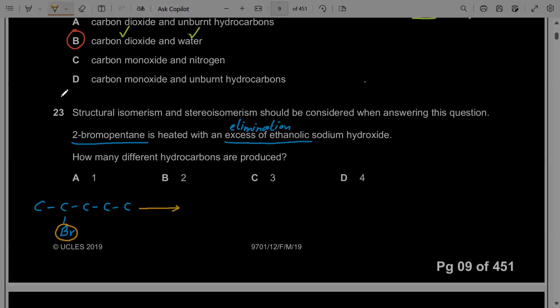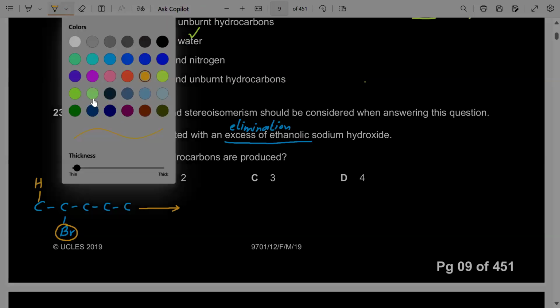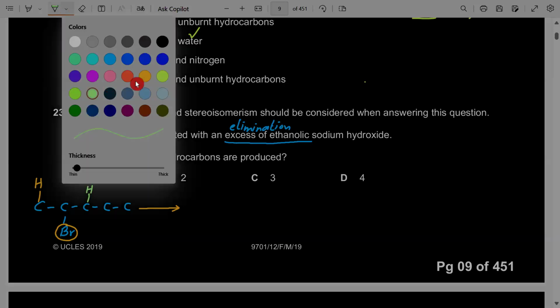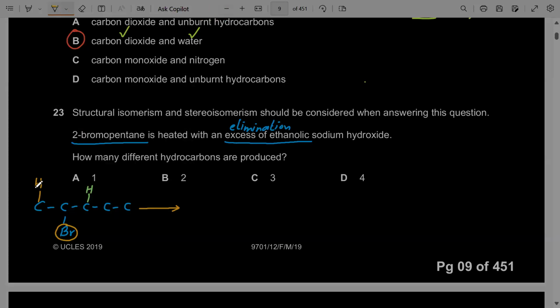Now, the hydrogen which will be removed can be from this carbon, or it could be the hydrogen of the next adjacent carbon atom here. Hydrogen of this adjacent carbon or the hydrogen of the previous carbon. So initially, I will remove the hydrogen of the left side. So this hydrogen along with this bromine.